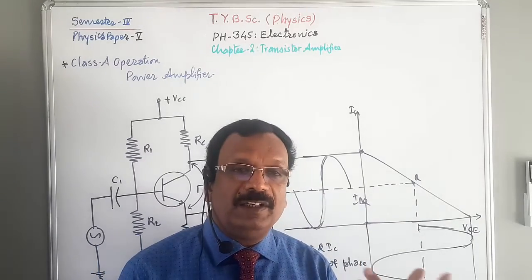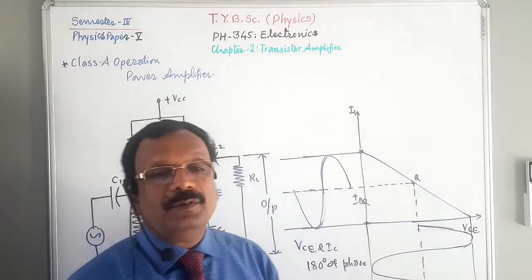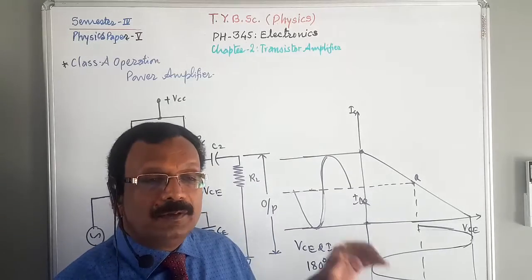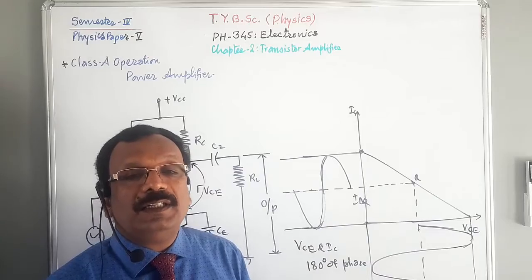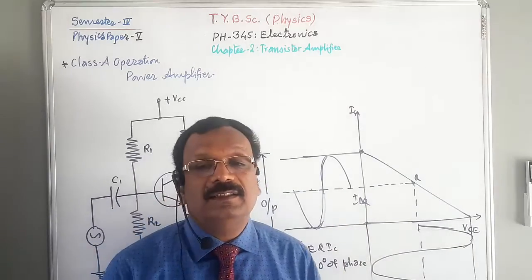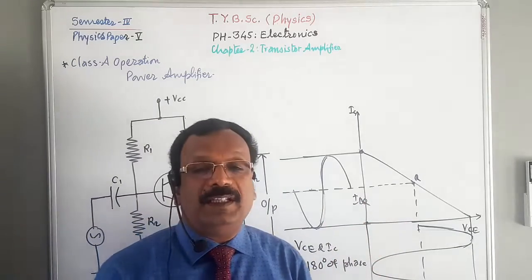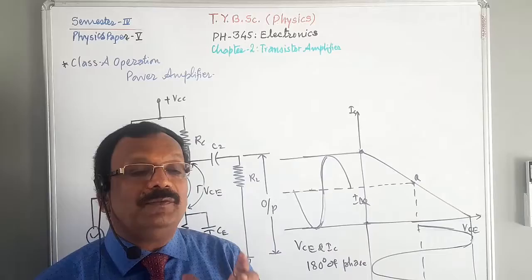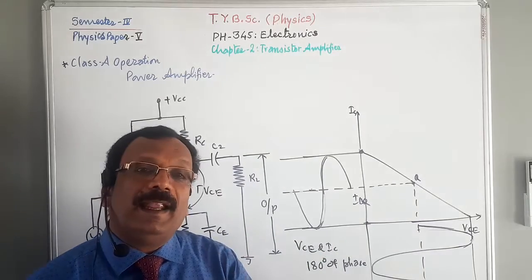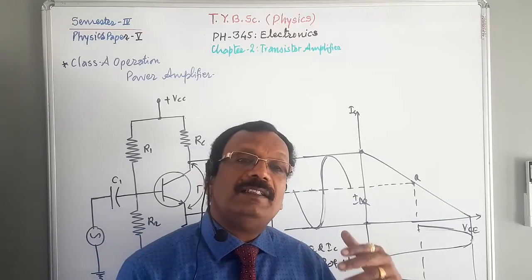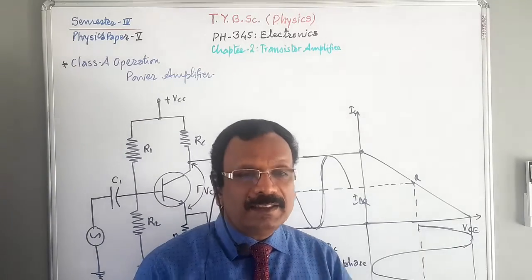Neither one is low while the other is high. Therefore, large power will be dissipated in the transistor in the form of heat, and during the operation the transistor gets heated. This is the drawback.